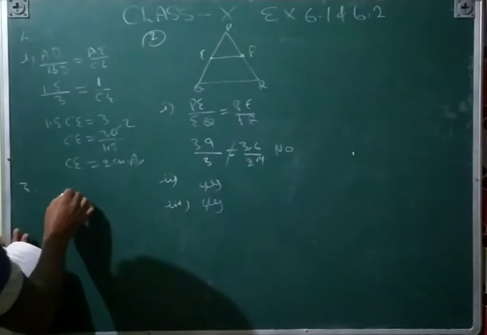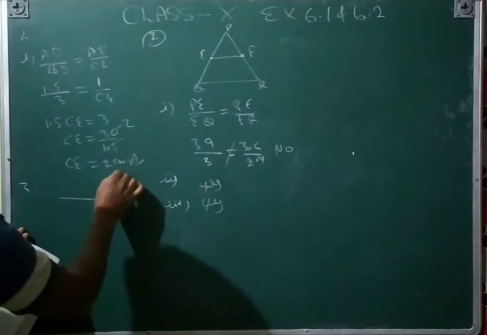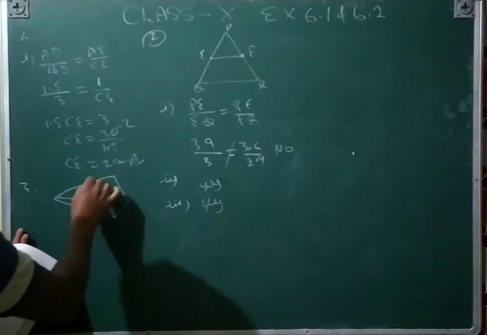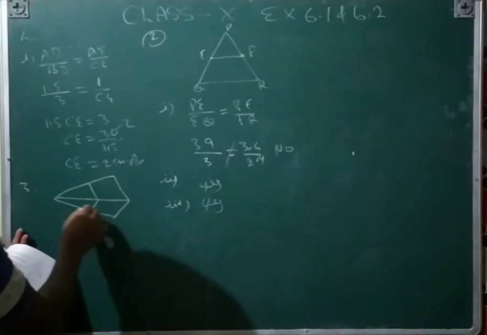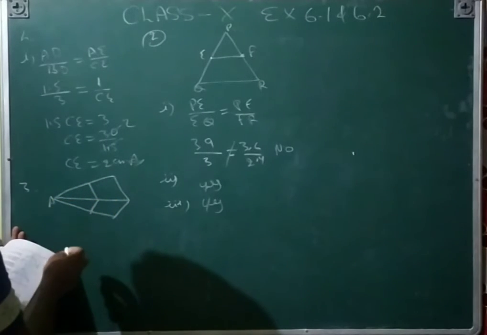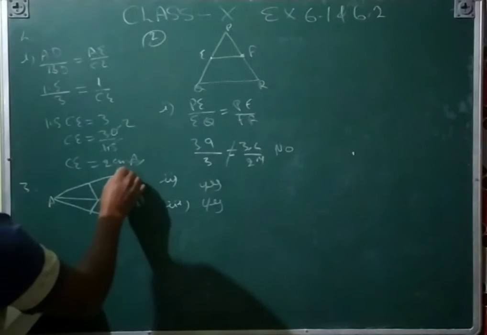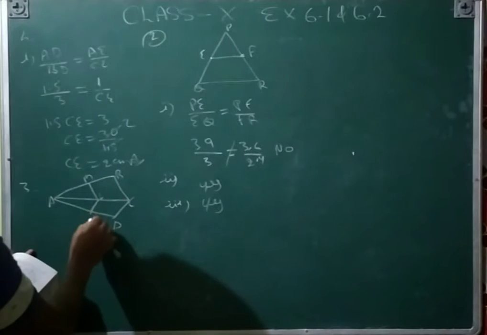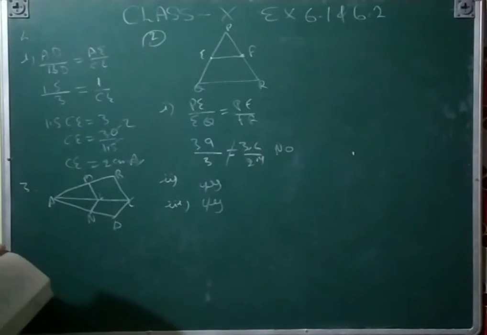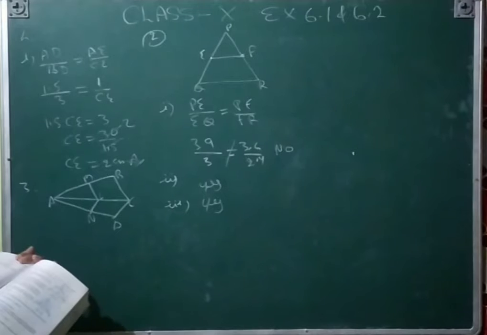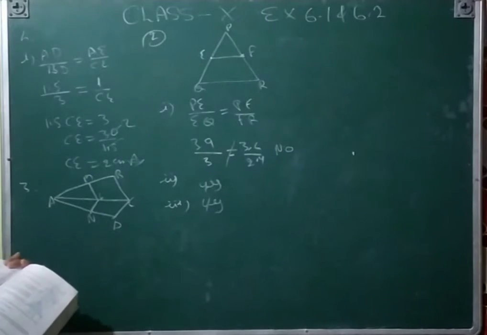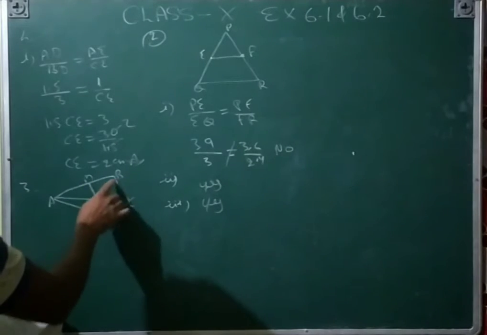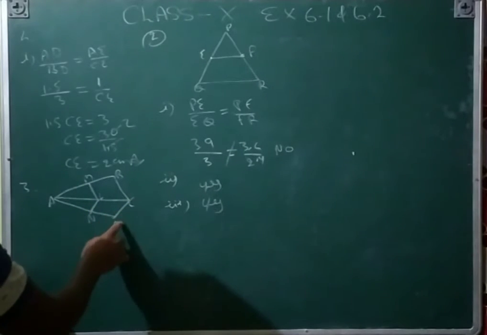The diagram is given there, with A, B, C, D, M, L, N. LM is parallel to CB and LN is parallel to CD.